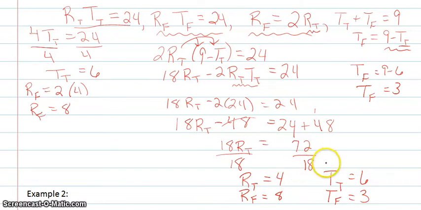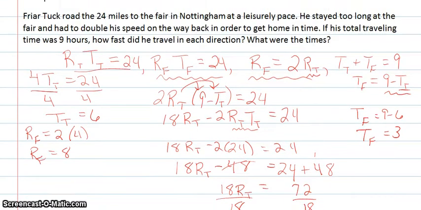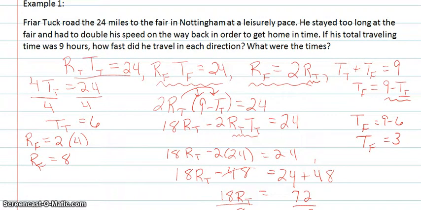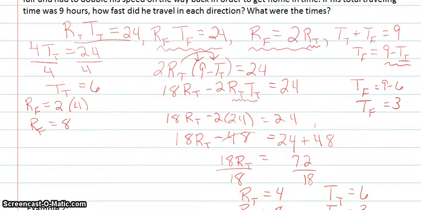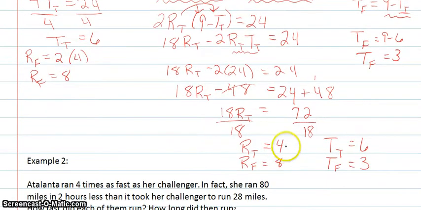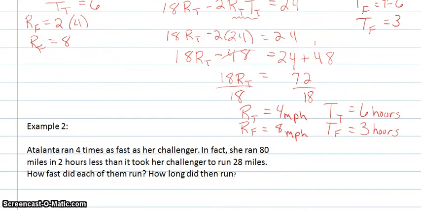Alright, and then just to make sure that we have our right units, it was in miles and hours. So that's 4 miles per hour and 8 miles per hour. And then his time is in hours. Okay, so this was his rate to the fair, and then his rate from the fair, and his time to the fair, and his time from the fair.